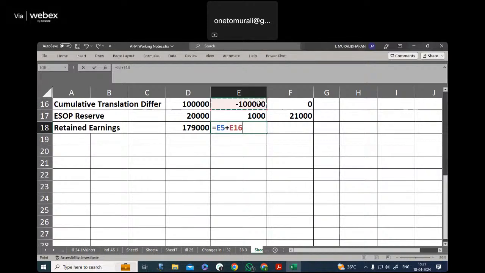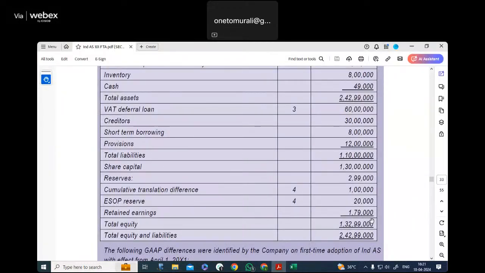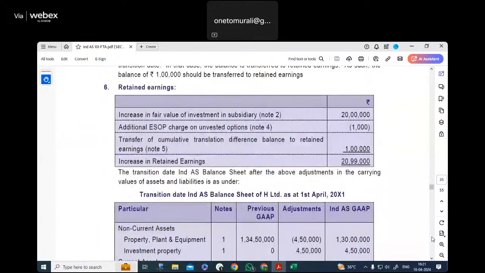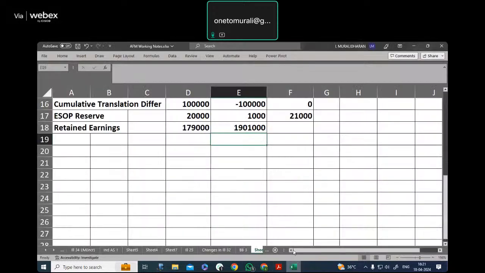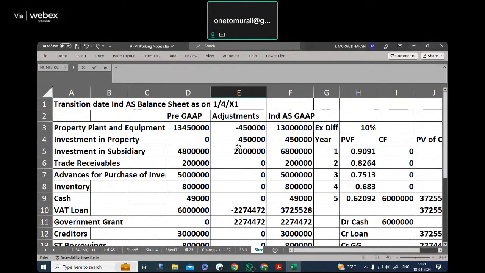Plus 1,000. 20 lakhs minus 1,000, I should be getting that figure. Now let me just check up. Yeah.